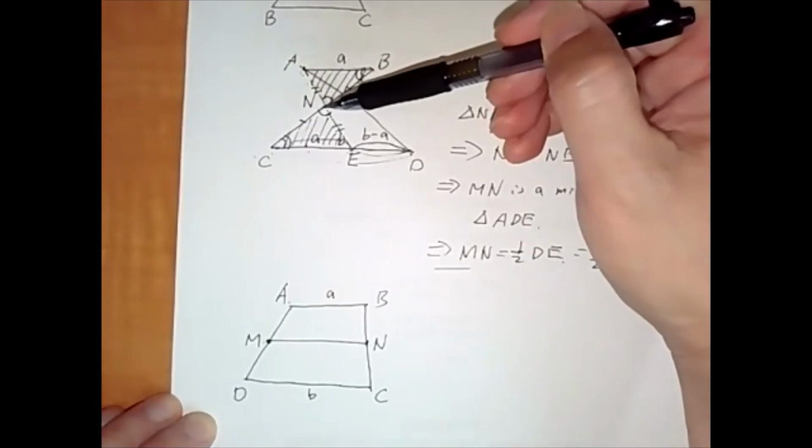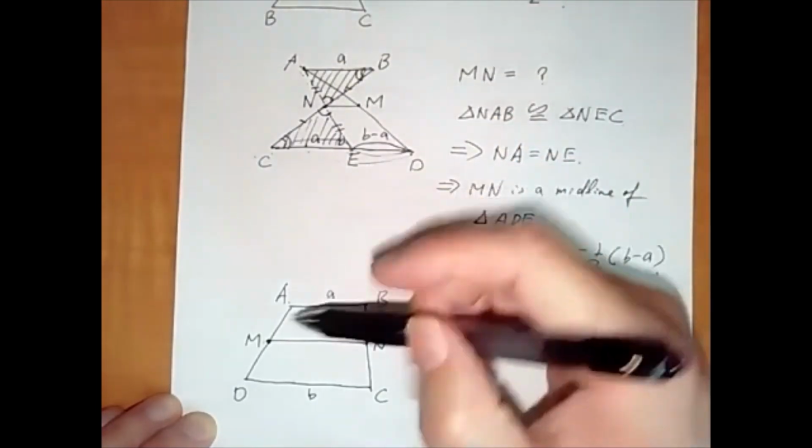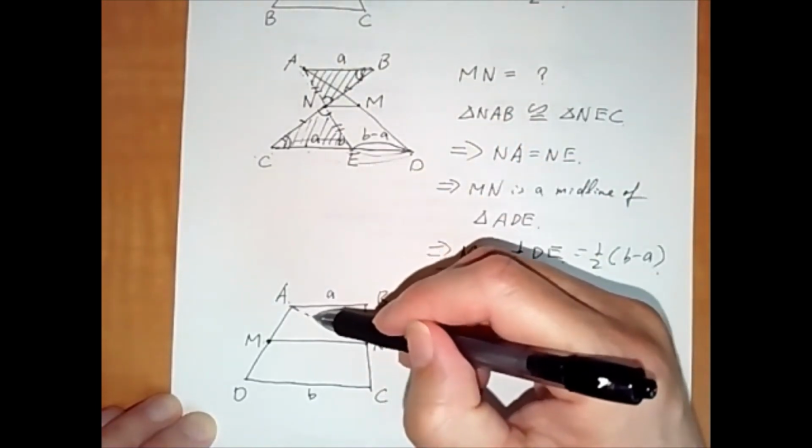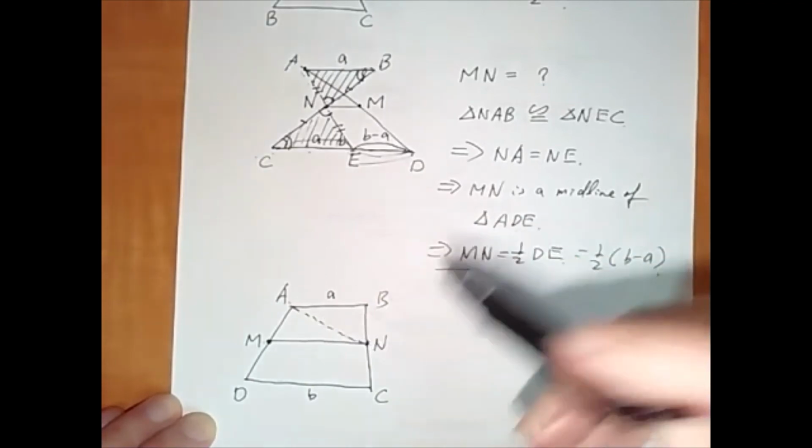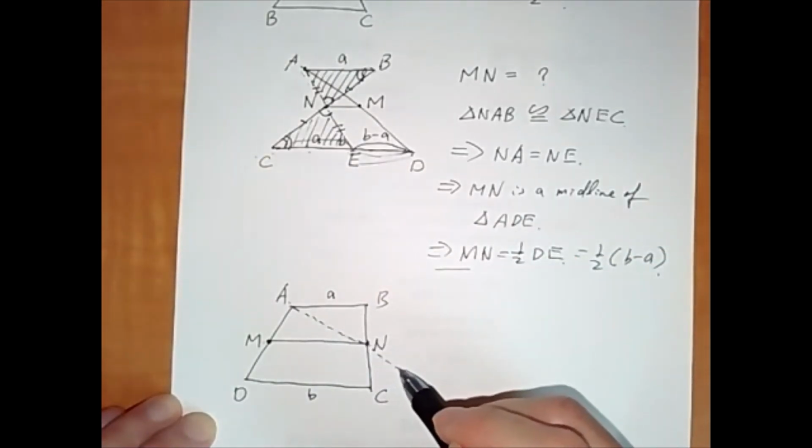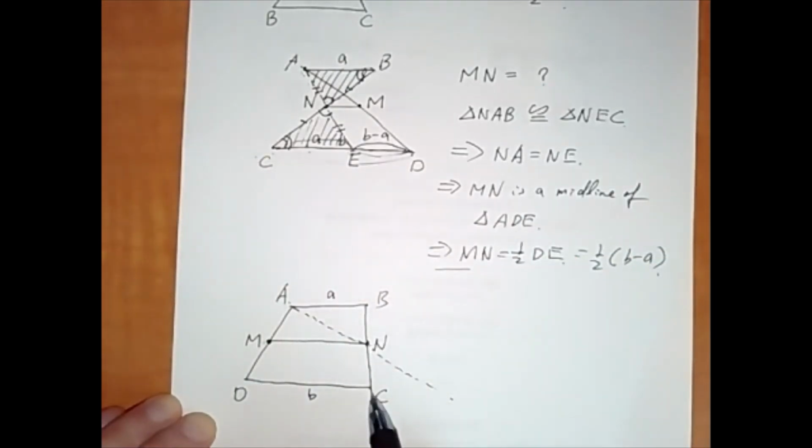We connect AN all the way to E. We do a similar thing. Connect AN and extend all the way down here, E. So then MN should be a midline of triangle ADE.